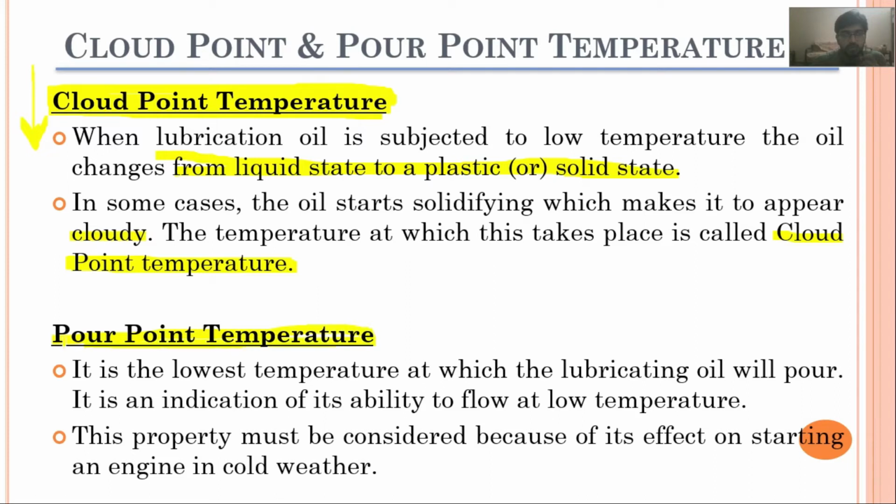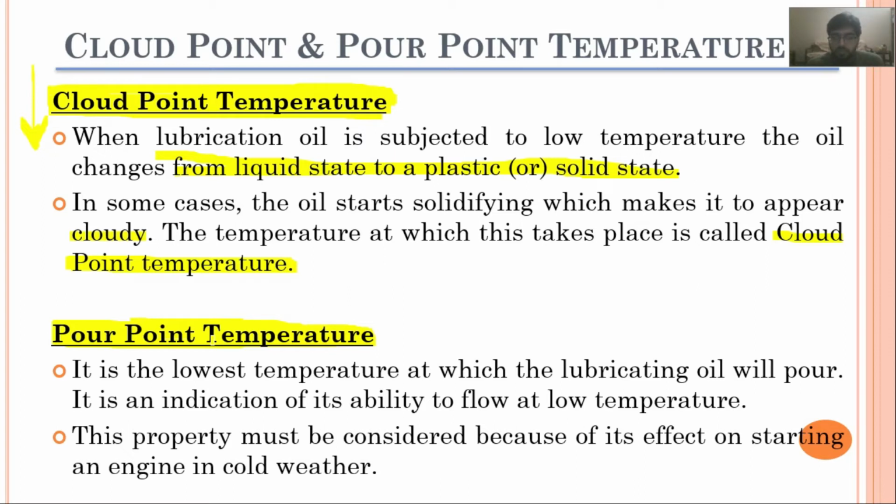Now proceeding forward, next we have the pour point temperature. So pour point temperature is basically that minimum temperature up to which the lubricating oil can be poured, meaning it can flow easily. If we go below this pour point temperature, we may have a higher resistance against the flow of this fluid.